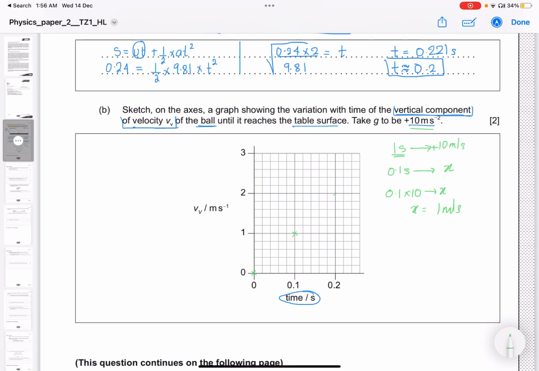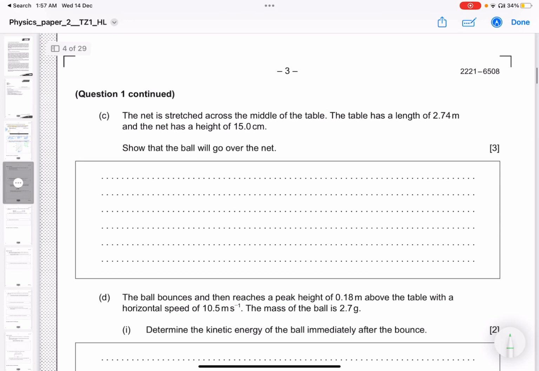Same goes for 0.2. So that's the graph. It stops at 0.2 comma 2 and starts at 0 comma 0.